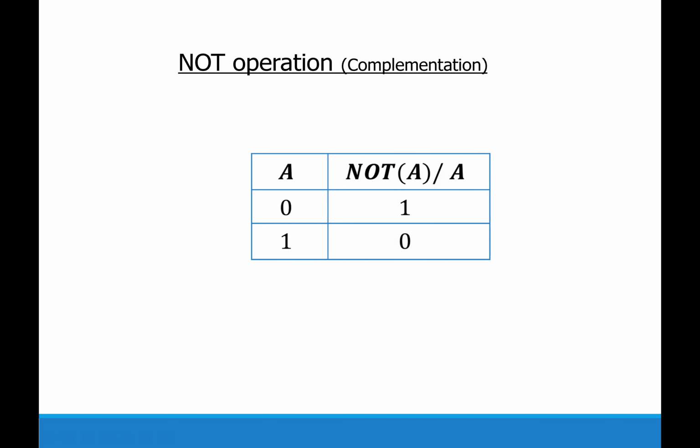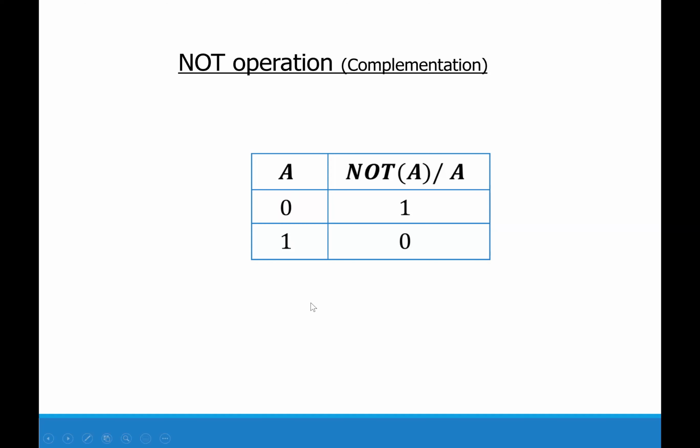Now we know when we draw the truth tables, we need to represent all the input combinations, okay? We need to represent all possible input combinations. So how many input combinations if we have 2 inputs? If we have 1 input, there are 2 possible inputs, 0 and 1.